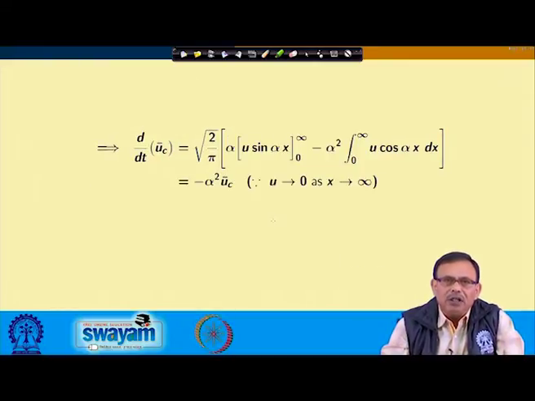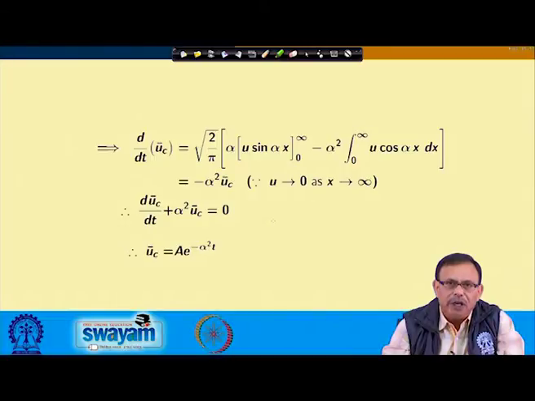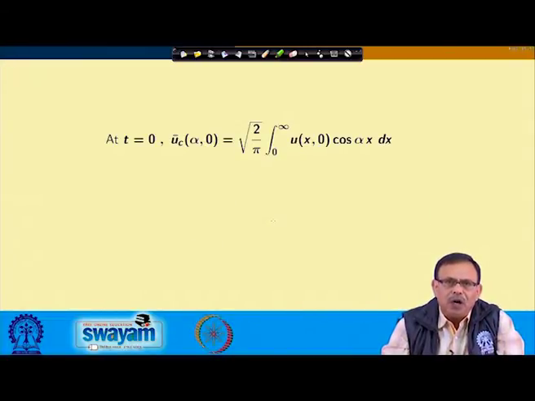So, again evaluating, I am ultimately obtaining my ordinary differential equation as d u bar c dt plus alpha square u bar c equals 0, whose solution is u bar c equals a e power minus alpha square t. So, I have to find out the value of the constant a. For that, I am finding at t equals 0 what is the value of u bar c alpha 0.